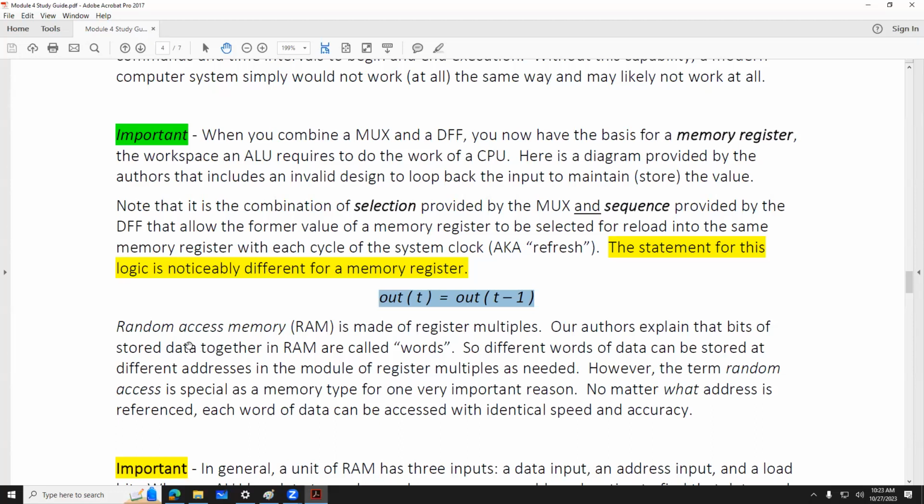Now, I do want to take a little longer, just a moment, to explain again what random means for this memory. It requires power, but the other thing about this memory that's special is that it's very flexible. Data and instructions can be randomly placed in different memory address ranges. So memory is identified by an address.